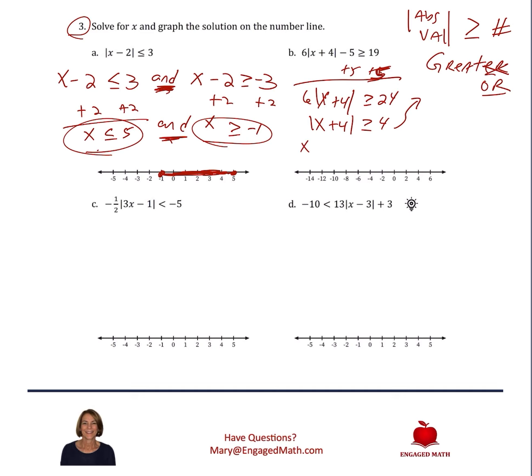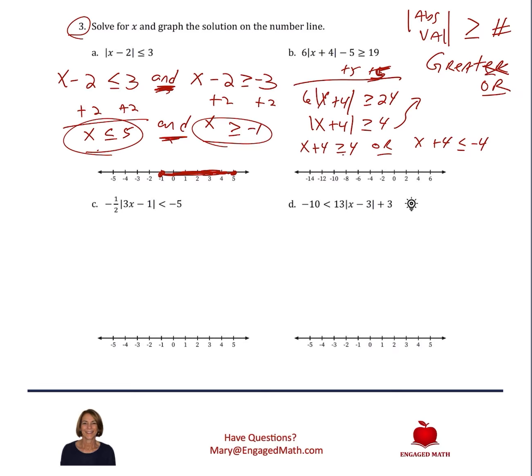We're just going to say X plus 4 is greater than or equal to 4, or X plus 4 is less than or equal to negative 4. Notice the word or, notice that I flipped the less than or greater than sign and I use the opposite sign on the right. Okay, so now I'm just going to do the work right here.